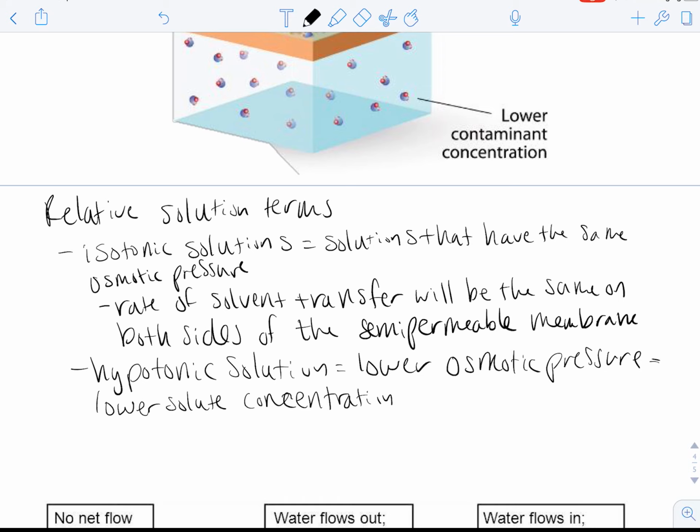So the rate that the solvent leaves the solution is greater than the rate it enters.